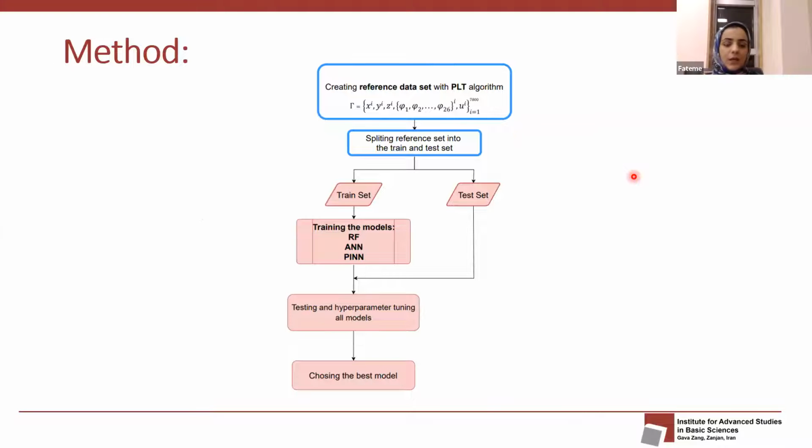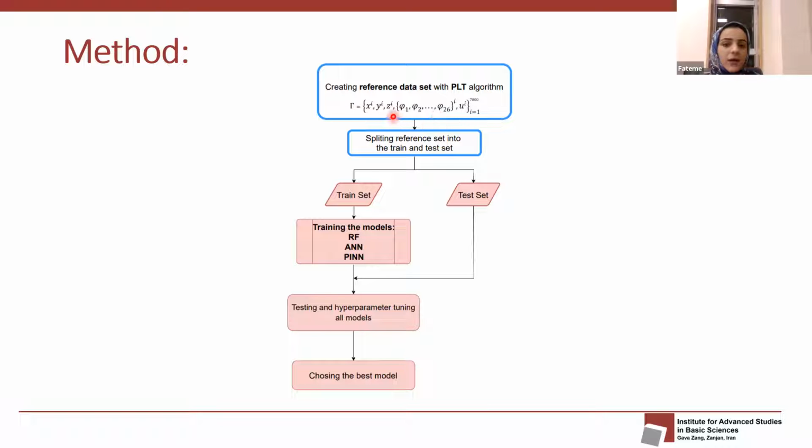Okay. This is the flow chart of our method. We first use a PLT algorithm to create the reference data set.